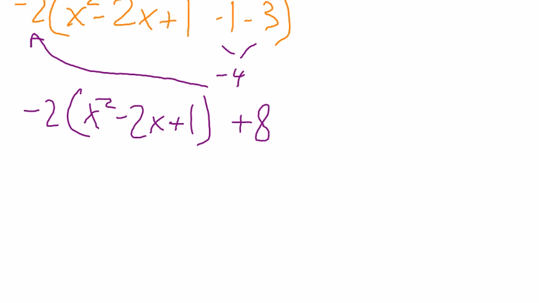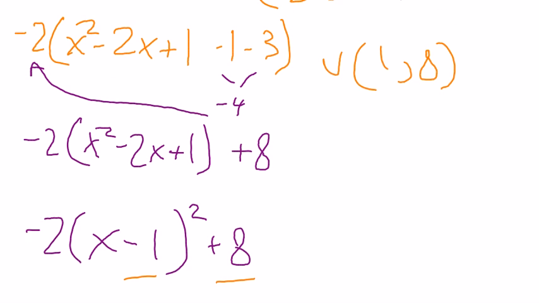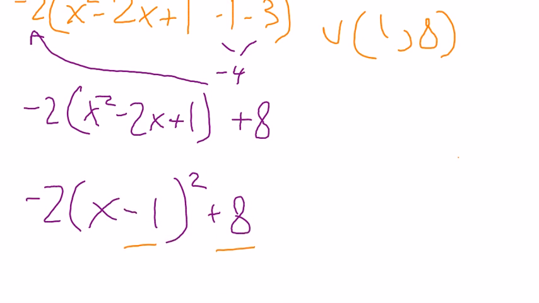It will be a perfect square now, which is awesome because that was our goal. So we got negative 2 times x minus 1 squared plus 8. So that's sweet because that tells us our vertex is at, my bad, our vertex is at positive 1, positive 8. And let's just remind ourselves, scroll back up, our zeros are at 3 and negative 1.